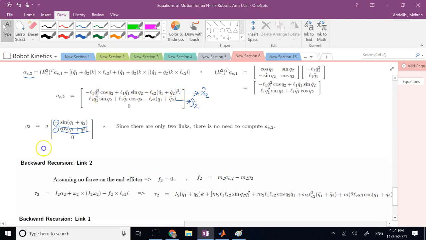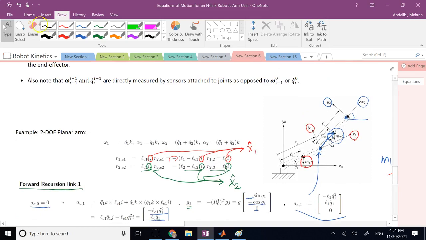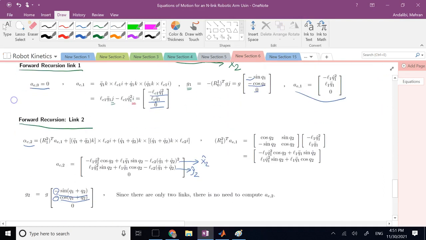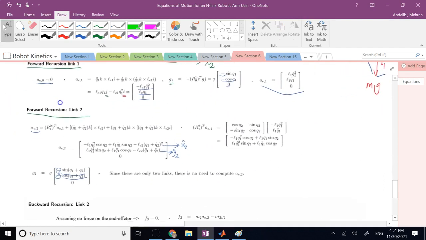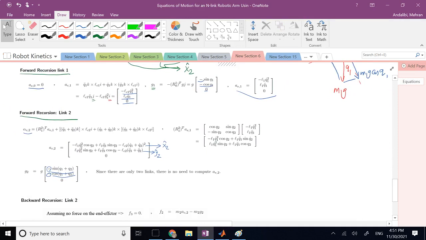Okay, so if each one of them is a component that you might call AC2x and AC2y, then the direction of them is like this direction and this direction.